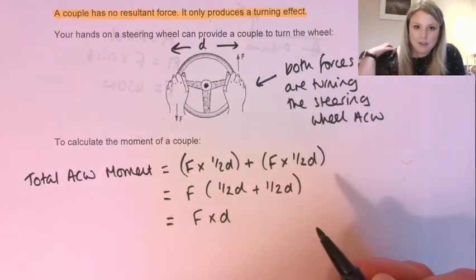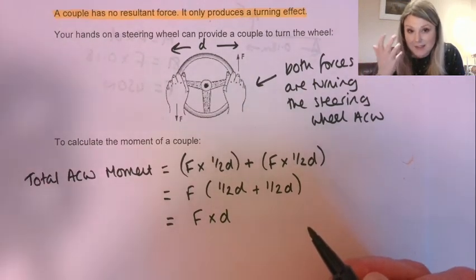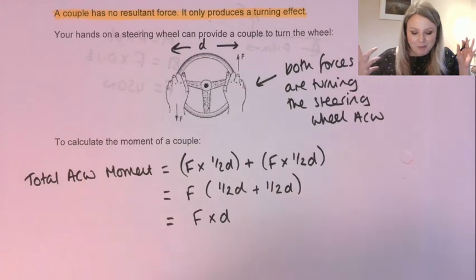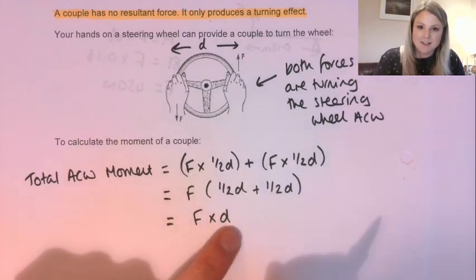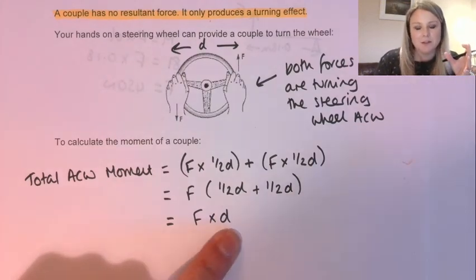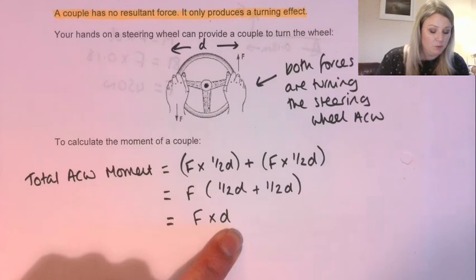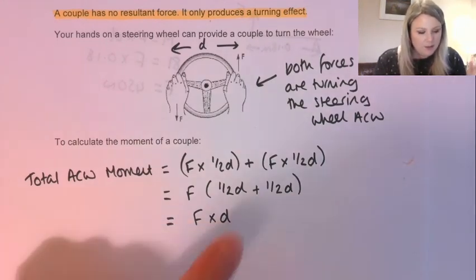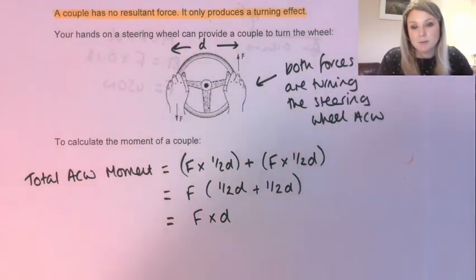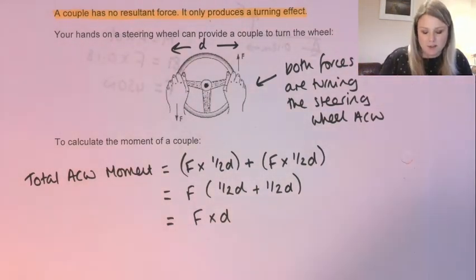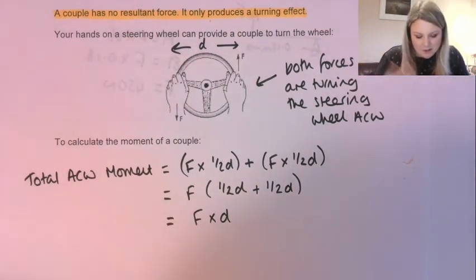Now, here's why it can lead to confusion, because with a couple, the equation looks the same, but this distance means something different than it does when you're just dealing with regular moments, like one force creating a moment. So let's add a little note here, because that's my only complaint, that we use the same letter to mean different things.